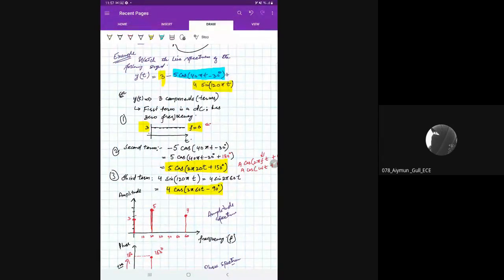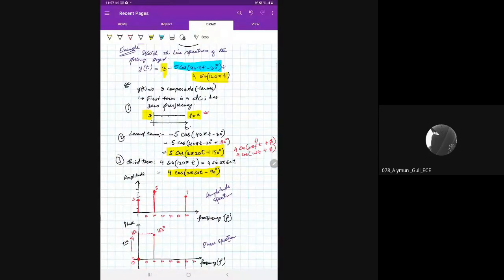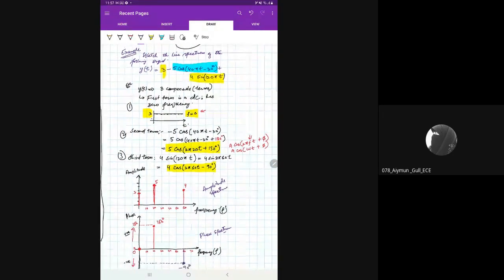Then we first decomposed the signal into its components. That is the beauty of frequency domain analysis or Fourier analysis. We break down a signal into its individual frequency components, then we plot it in terms of amplitude and phase spectrum. So if some signal is given to you, these will be the common steps. That is how you will have to deal with them.